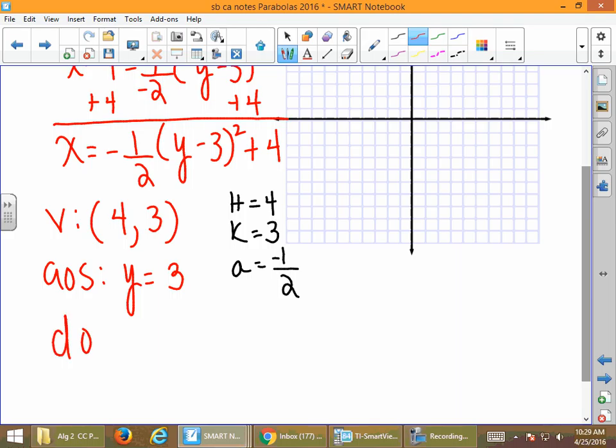Our direction of opening: our a is -1/2, and so when we look at our chart, when a is less than 0, that means we're going to open up left.